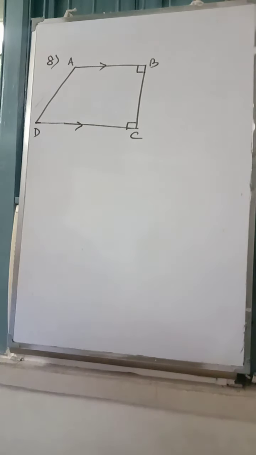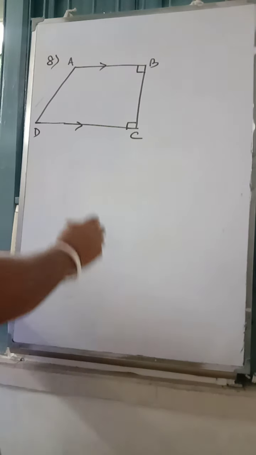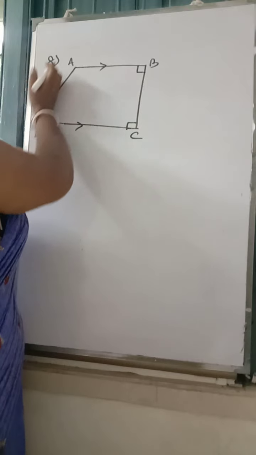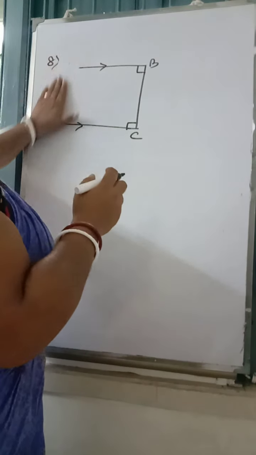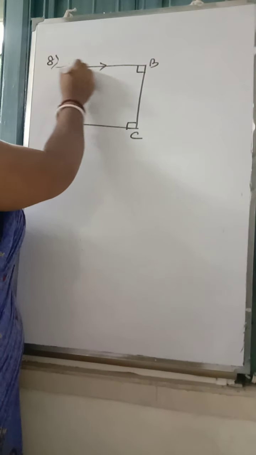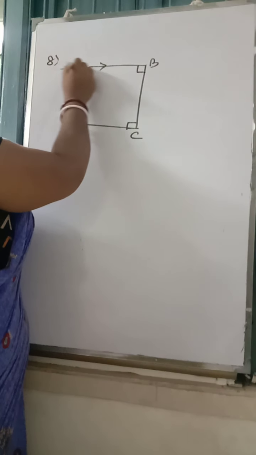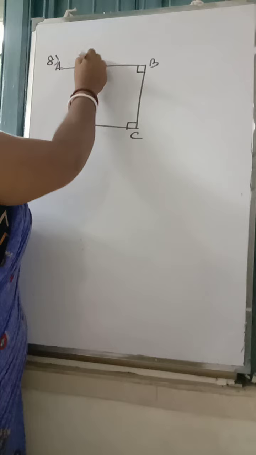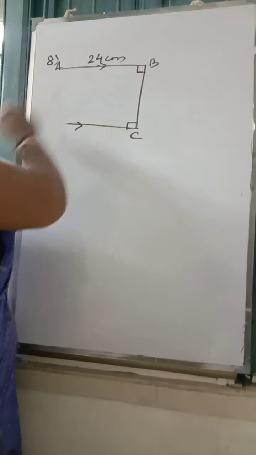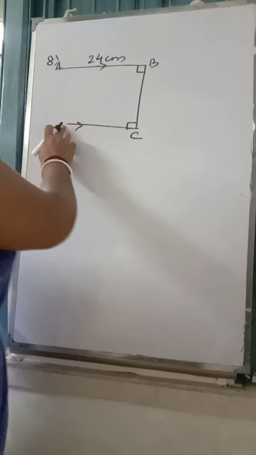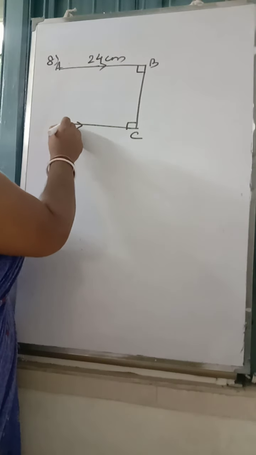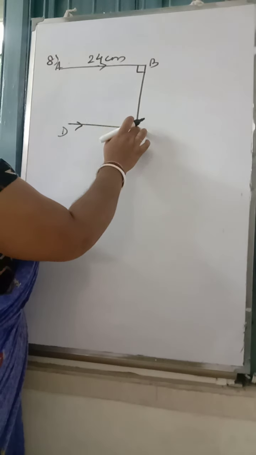like this. Now it says AB is 24 centimeter and CD is 18 centimeter. You can understand why I rubbed it, because earlier I had drawn CD larger than AB.